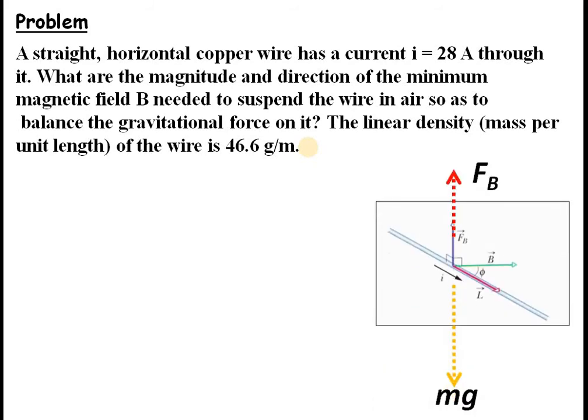What are the magnitude and direction of the minimum magnetic field B needed to suspend the wire in air so as to balance the gravitational force on it? The linear mass density of the wire is 46.6 gram per meter. A very beautiful question. The question asks: you have a wire, this is placed in a magnetic field. Okay, so it is suspended.